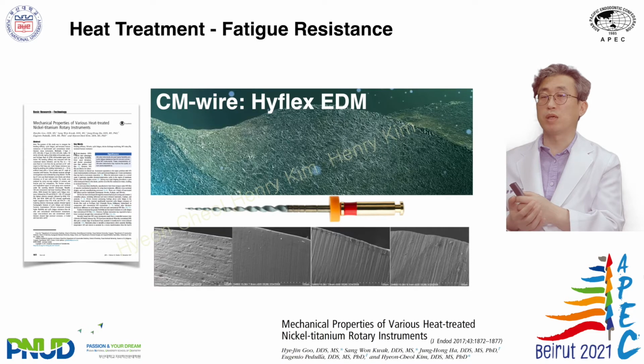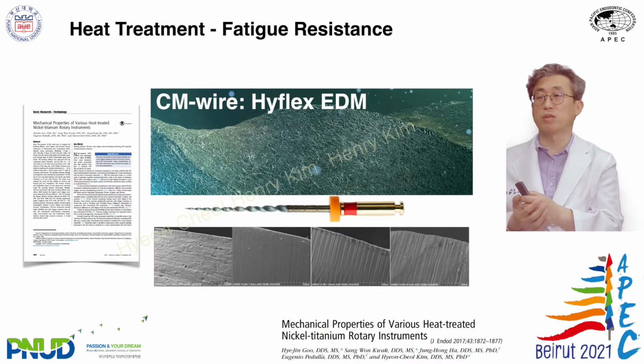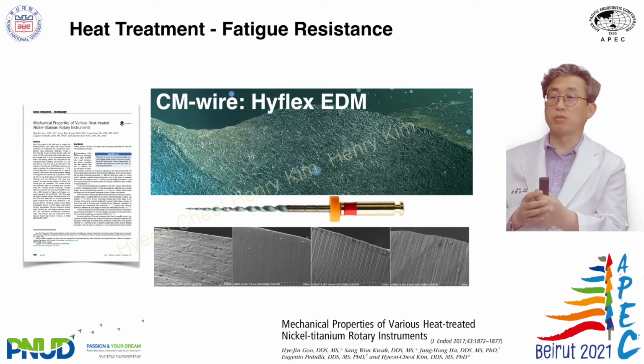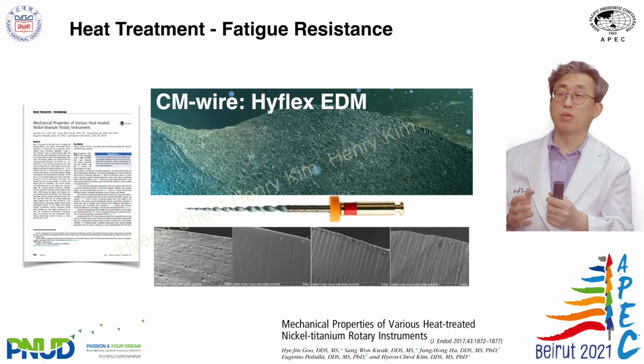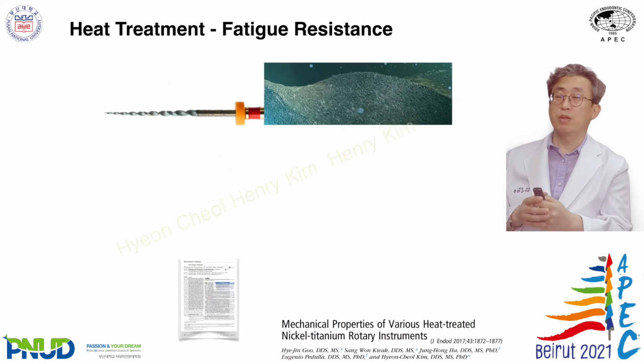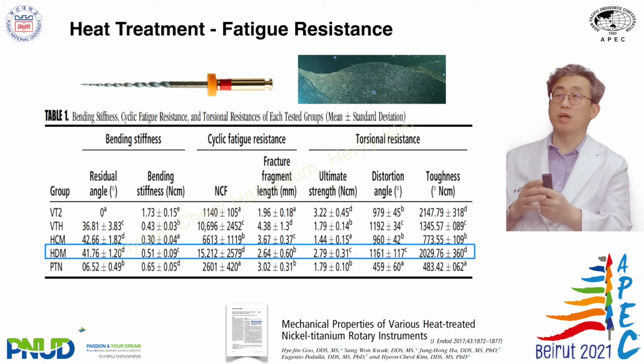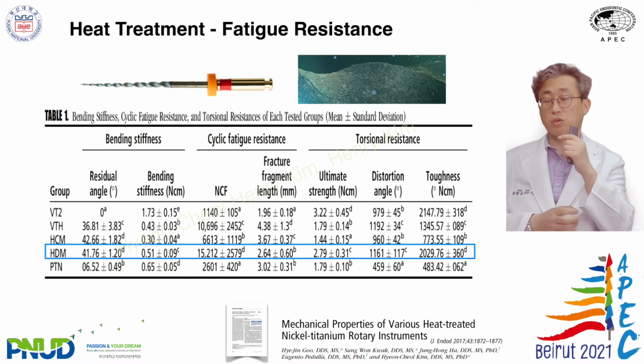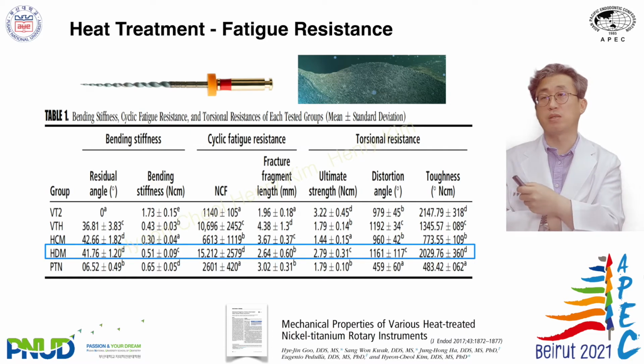Why EDM? We could find an interesting surface texture here. As you see above, there are no machining or milling grooves. This is a spark erosion surface. Of course, the HyperEDM showed higher cyclic fatigue resistance and torsional strength than the other instruments compared.